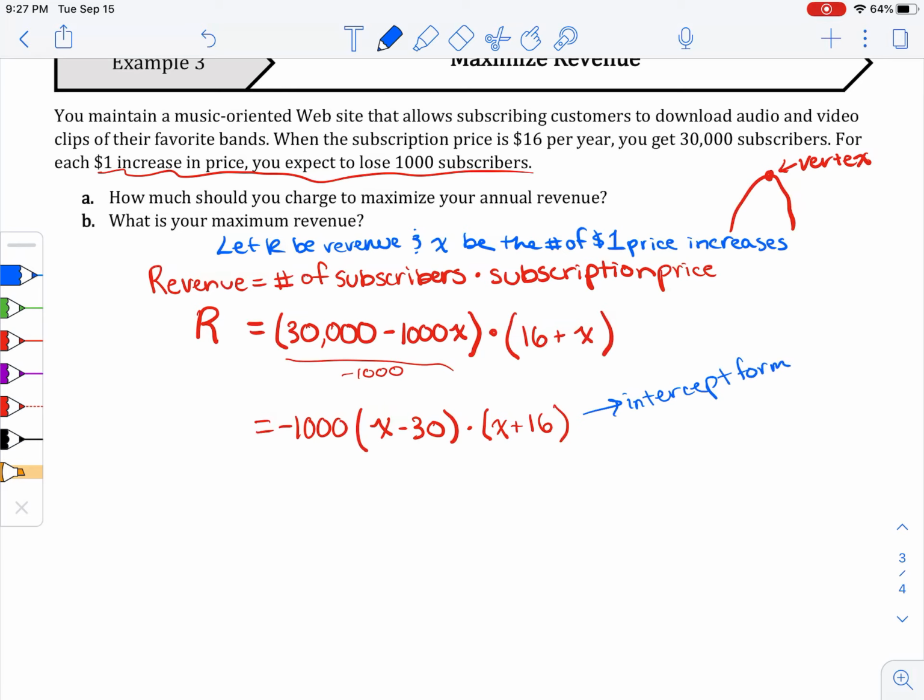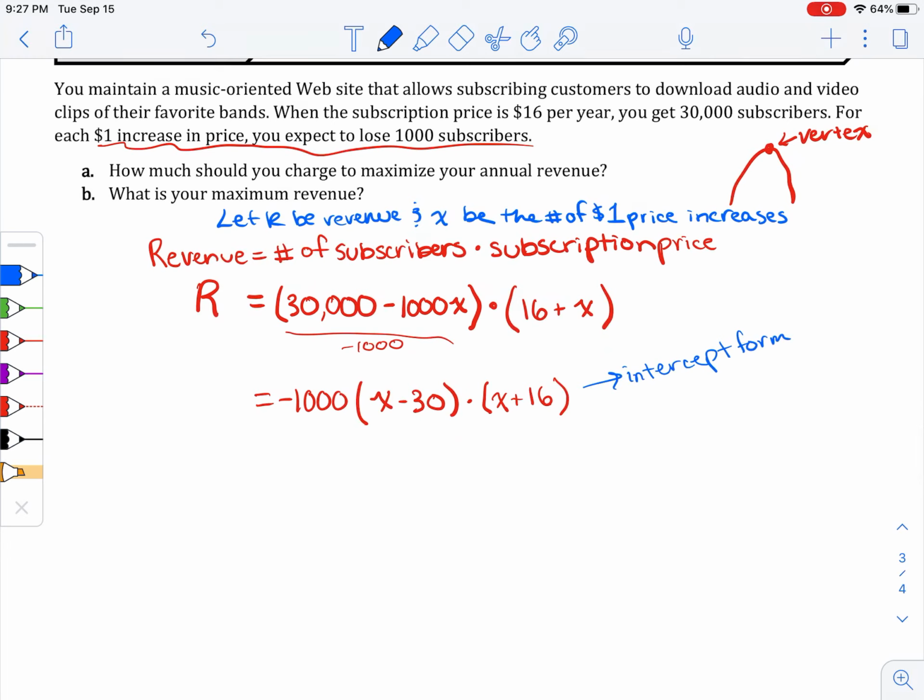Anytime you're asked to maximize something, you're looking for the vertex. And in intercept form, the vertex is your axis of symmetry and your axis of symmetry plugged in. And the axis of symmetry, remember, was that P plus Q over 2. So you have to identify your axis of symmetry here. So again, vertex is going to be axis of symmetry and your axis of symmetry plugged in, whatever your y is there.